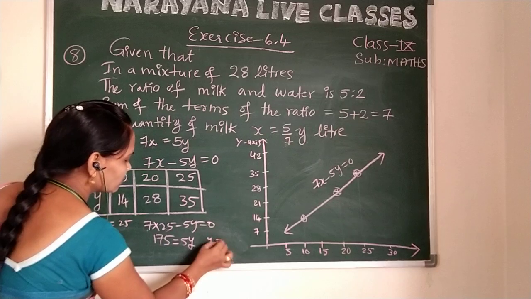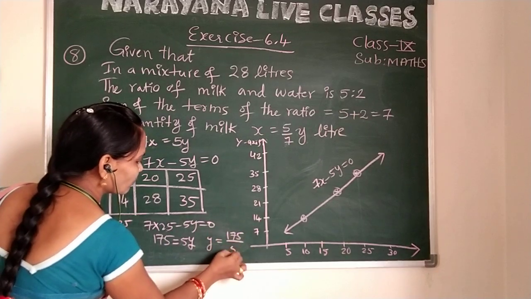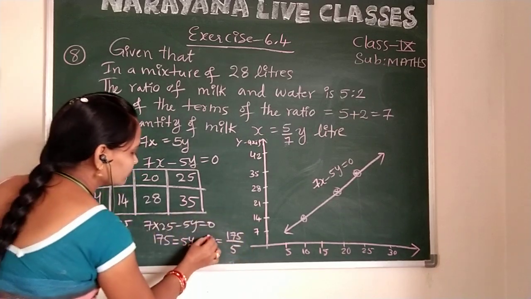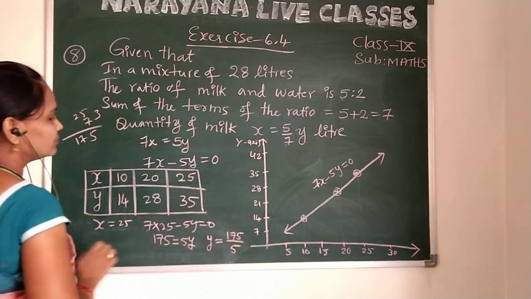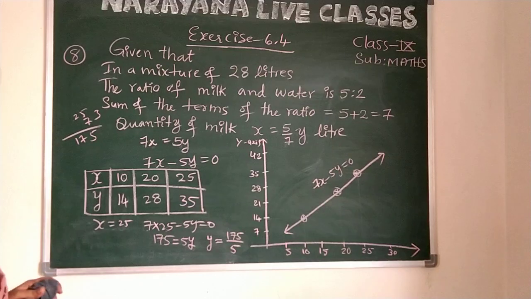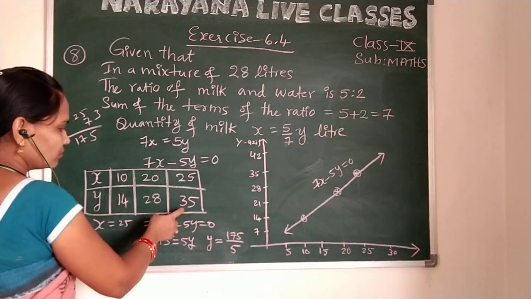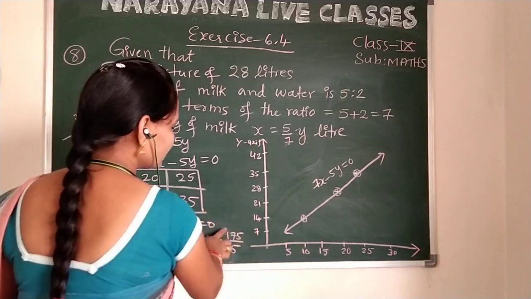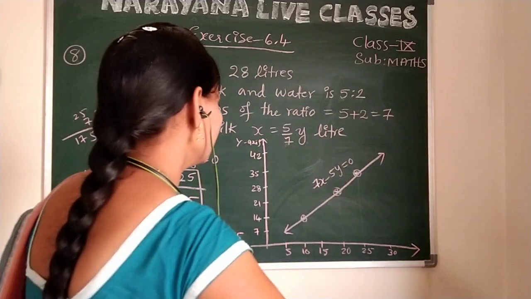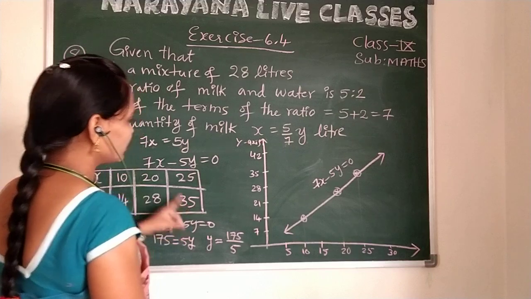Now y is equal to 175 by 5. Now we should do the division. You will get the y value 35. I don't have time to do it here, it is very easy, you can do the division yourself. You will certainly get 35.